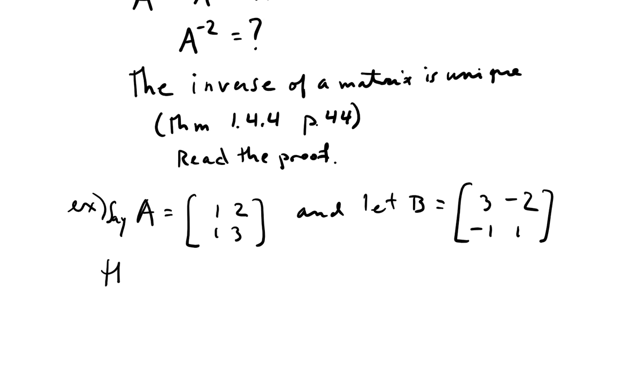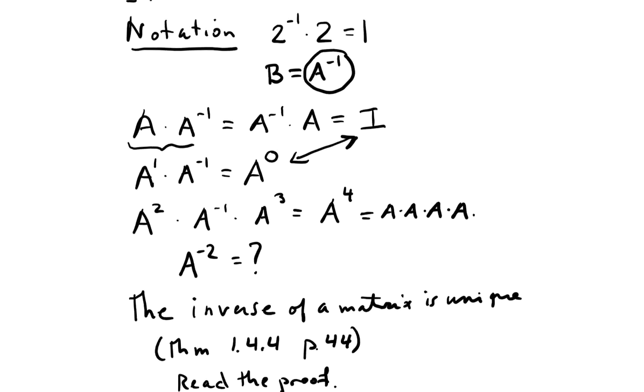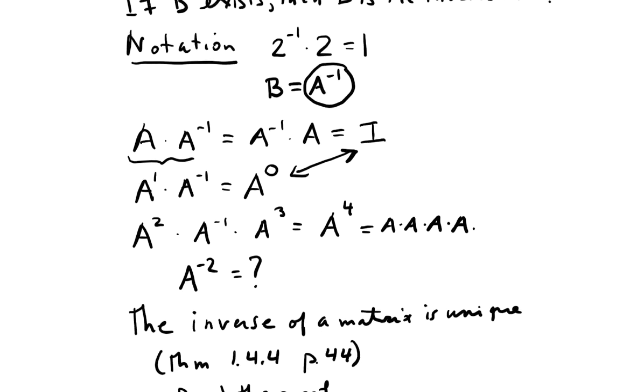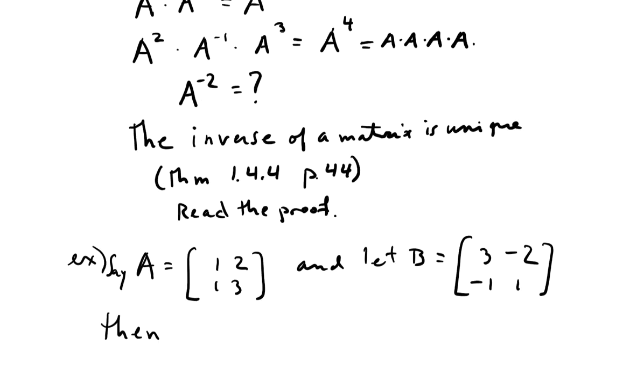Okay, then let's verify that B is the inverse of A. And the way we want to verify this is by making sure that the two equalities I have on this line are verified. So I need to verify that AB is the same as BA, and that's the same thing as I. So let's do that.